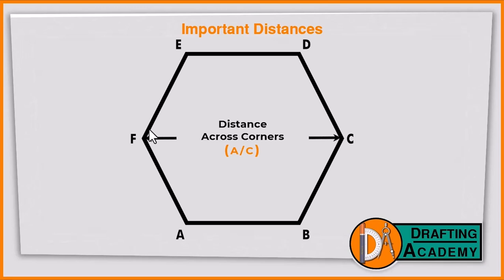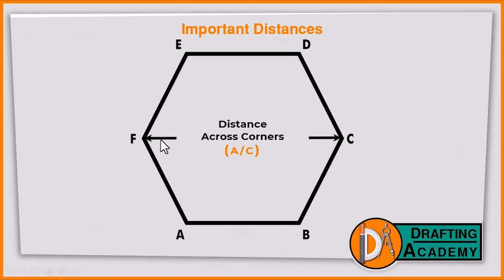When you're about to measure your distance across corners, apart from noticing that the vertices you've selected are actually opposite each other, it's a good idea that you check for symmetry. By symmetry, I mean that what is above the line you selected to measure your distance across corners should be the same as what is below.